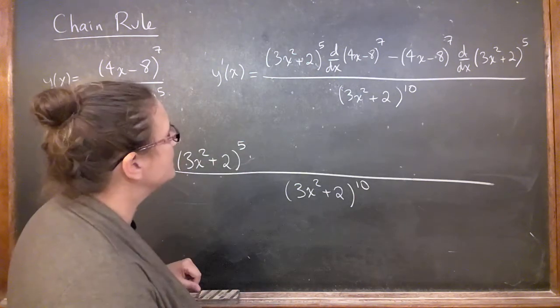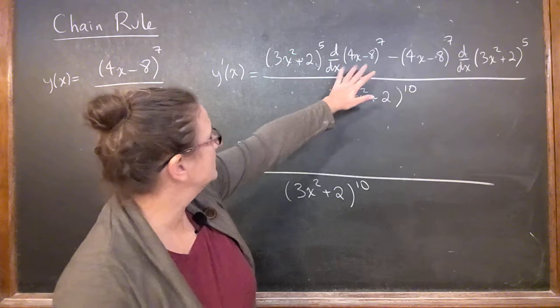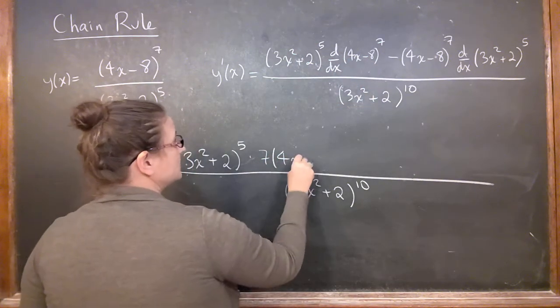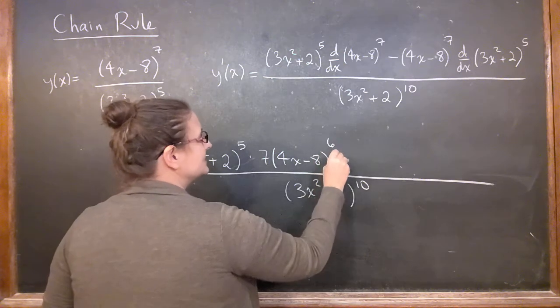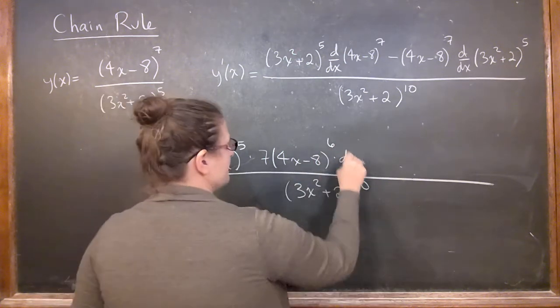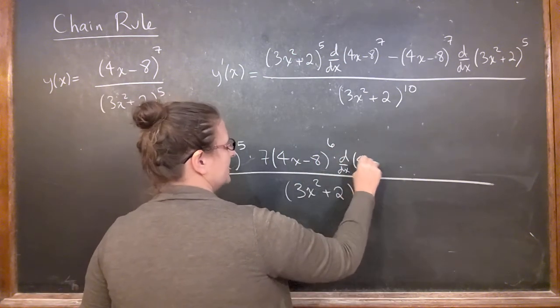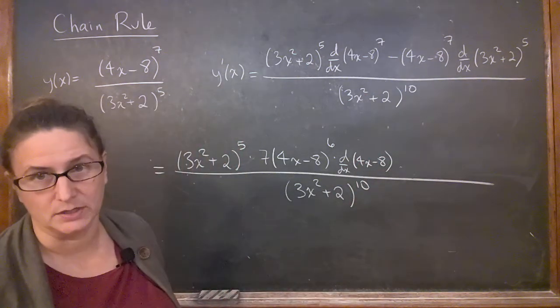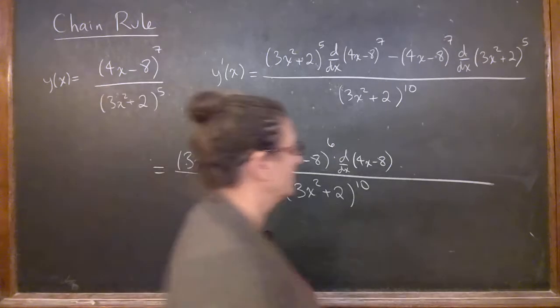And then the derivative here is going to be 7 times 4x minus 8 to the 6th times the derivative of what's inside the parentheses, 4x minus 8. You don't have to write that as a separate step if you don't need to, but because this is new, I'm going to.